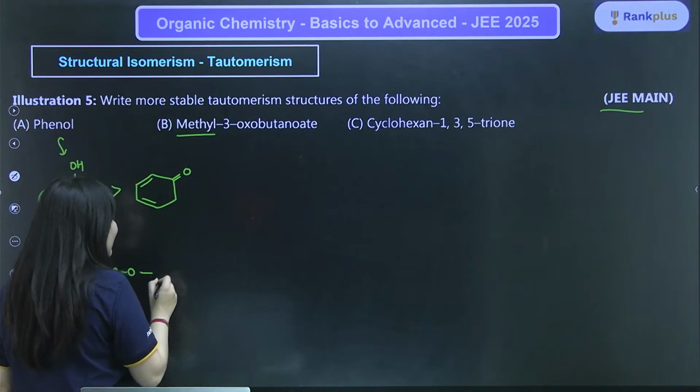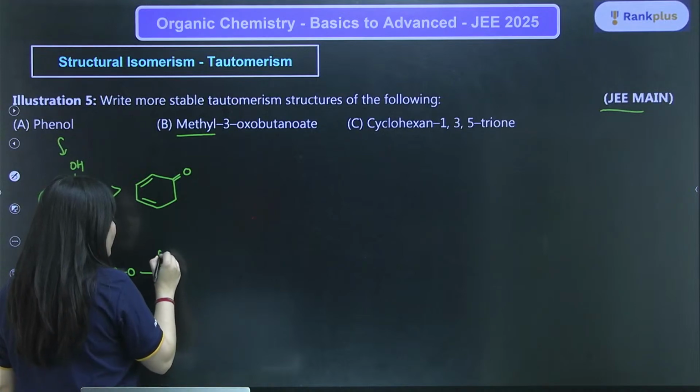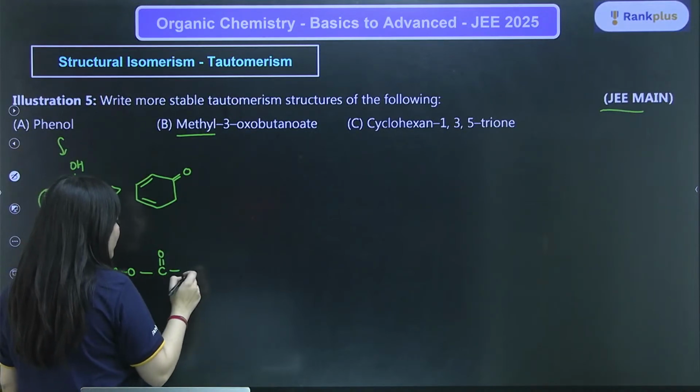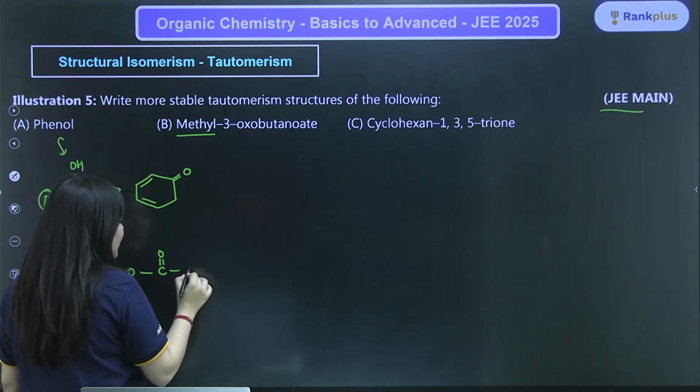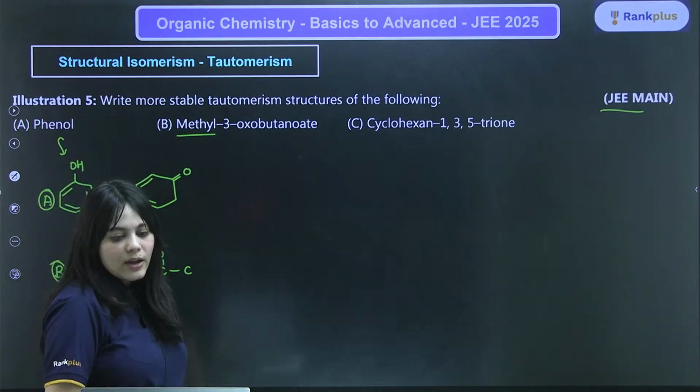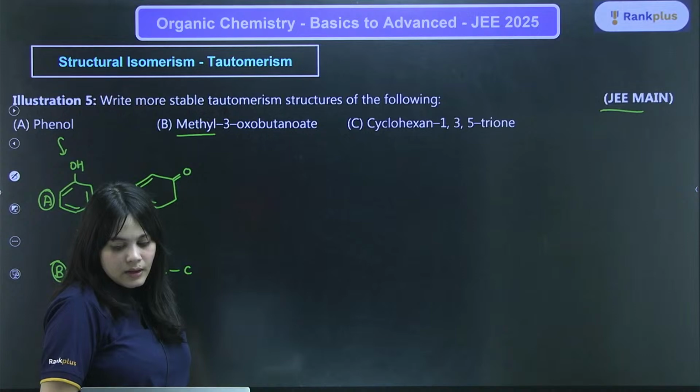How will you write 3-oxobutanoate? It's like C, and then once again... Okay, how will you write this structure? Tell me. 3-oxobutanoate, one second.